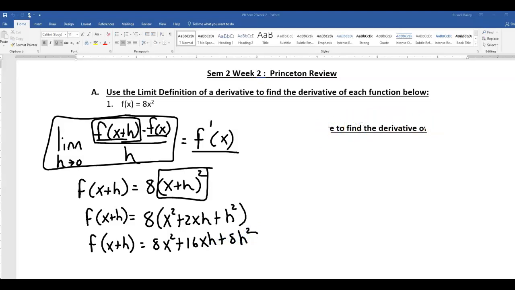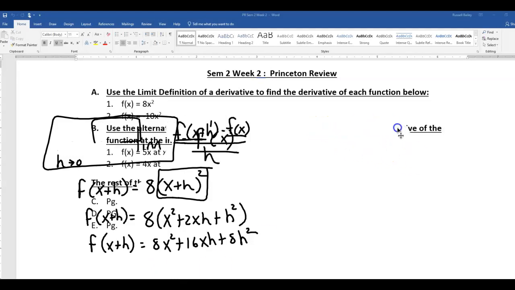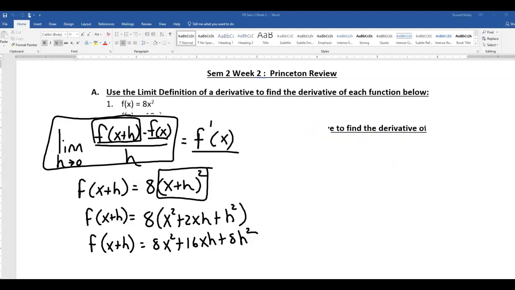The next thing we'll do is plug everything into our derivative formula. Oops, having some technical difficulties, just a minute here. Okay. So now it's going to be the limit as h approaches 0.